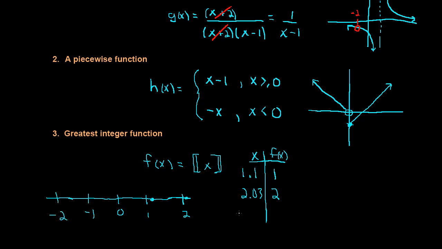Let's pick -1.5. As I'm moving along the number line and I get to -1.5, here's -1.5, where was the last whole number that I ran into? Well, it was -2. So you get an idea that you're always going to get a whole number here.